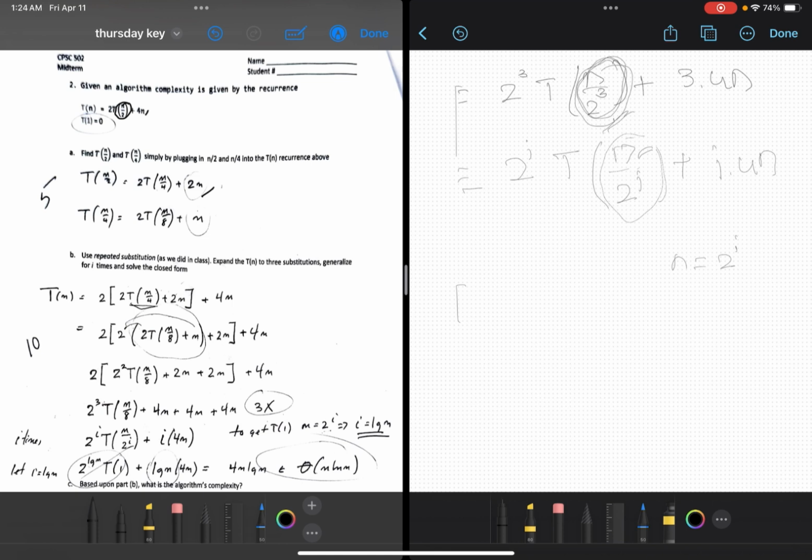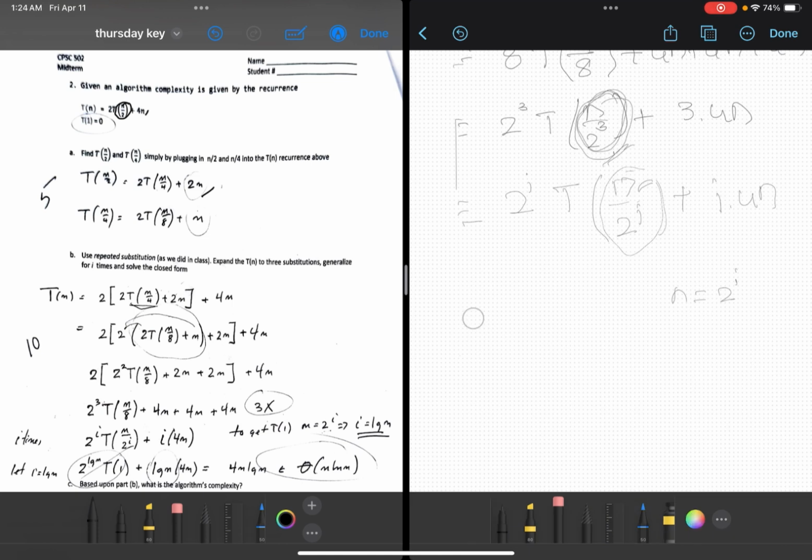By writing that, i would become equal to log n base 2. And here it would become 2 power i into T of 1, which is 0, plus i, which is log n base 2, times 4n.